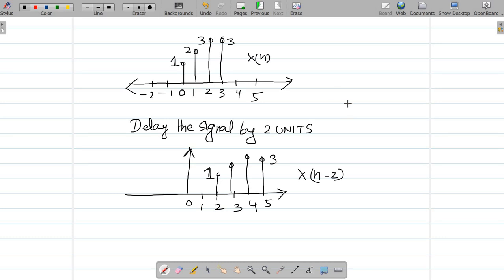Now let us say we want to advance the signal by 3 units. I take the same signal and advance it by 3 units. Let me try to draw it out here.